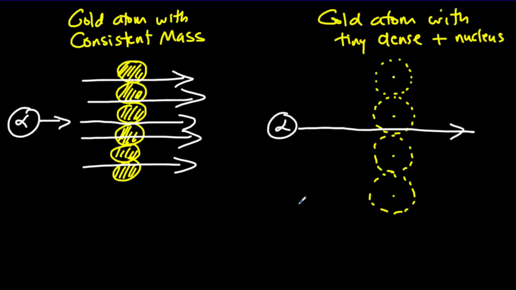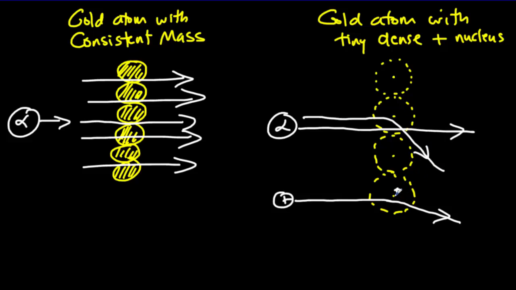However, let's say we got an alpha particle coming and it came quite close to that nucleus. Then of course the nucleus is positively charged, the alpha particle is positively charged. You're going to get some repulsion and you're going to see some of the alpha particles have a slight deflection. If we got even closer, we'd get a greater deflection, maybe something like this.